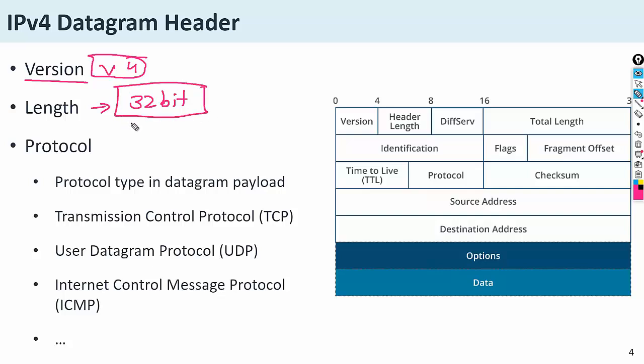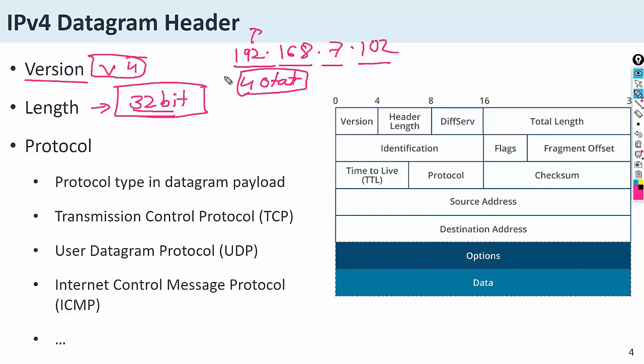The size of the IP address is 32-bit, and every 32-bit has been divided into multiple sections: 4 octets. Like you have seen in an IP address, 192.168.7.102, there is a 1st, 2nd, 3rd and 4th octet. Of the total 32-bit size, 1 octet is 8-bit, or you can consider it 1 byte.